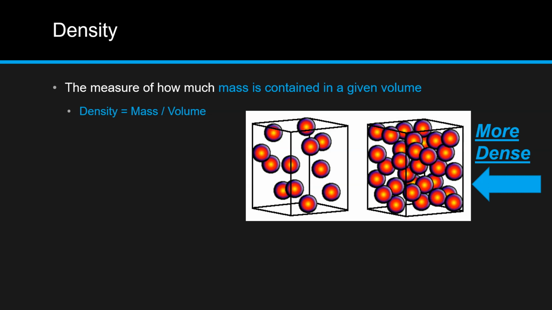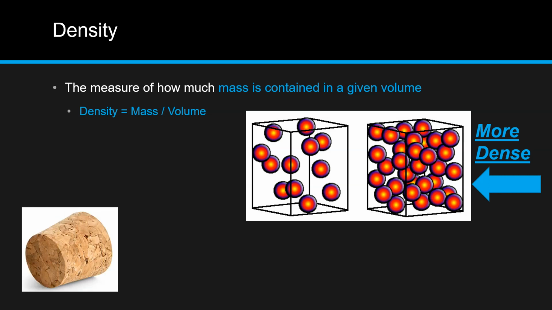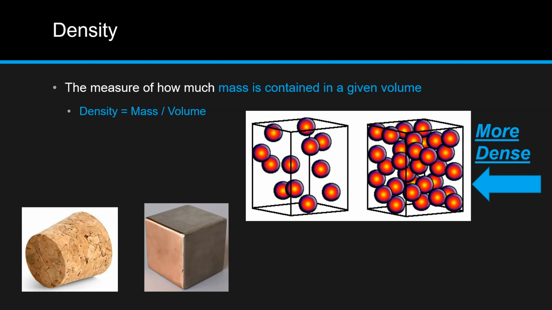Let's think about it another way. Here we have a cork. Maybe you've held a piece of cork before, but if you haven't, it is very, very light, meaning it is not heavy at all. And here we have a metal cube. Metal is often very heavy. So let's imagine that this metal cube feels very heavy.